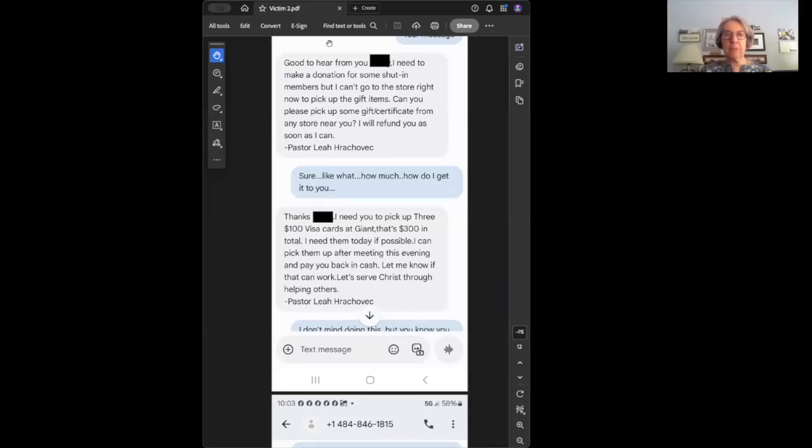It was interesting, it changed from any store near you to specifically Visa cards at Giant. And why is 3 uppercased?